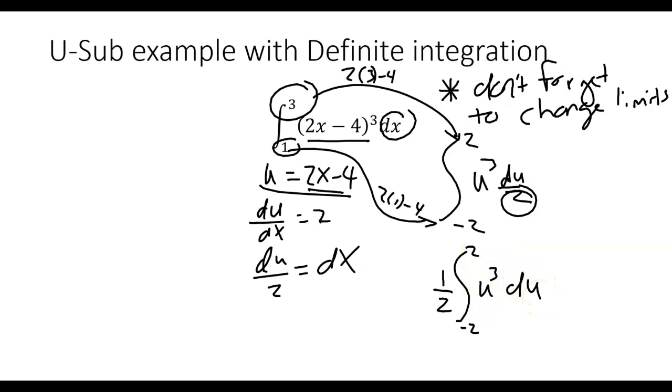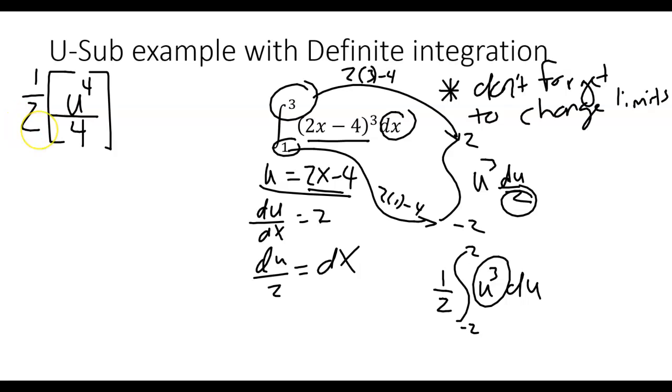All right, so my u substitution is over. And so from here on over, we're just going to integrate like normal. So to integrate this, I add 1 to the power, and I divide by that value. We put the limits here, and then we're going to plug both of those in.